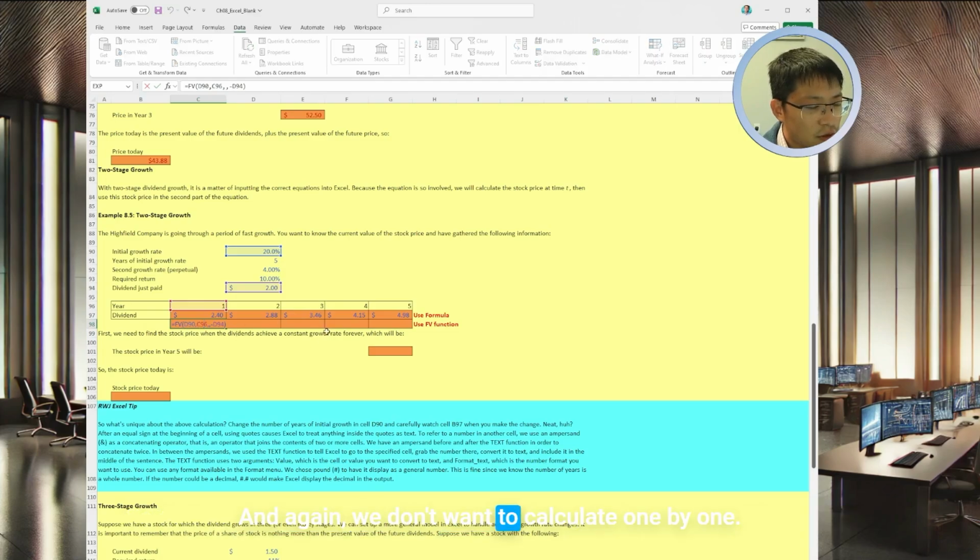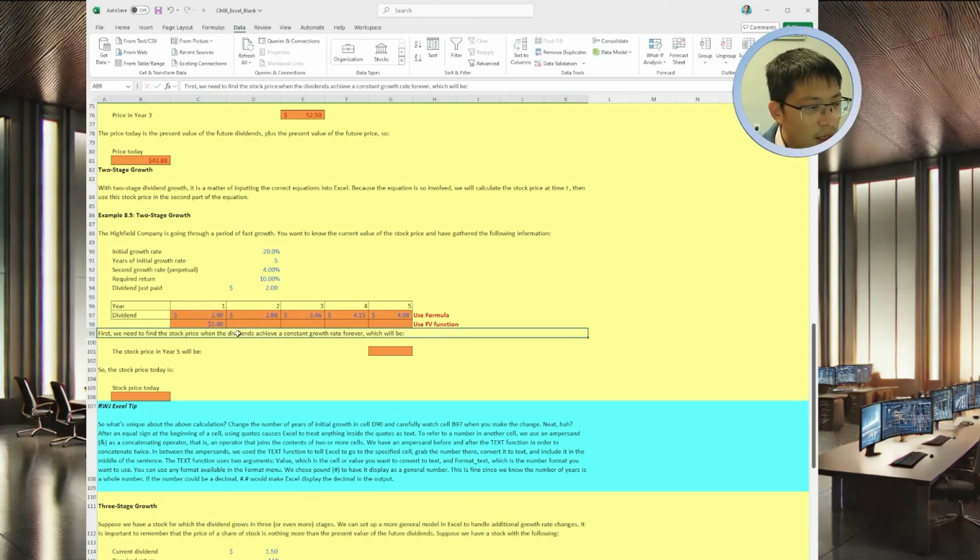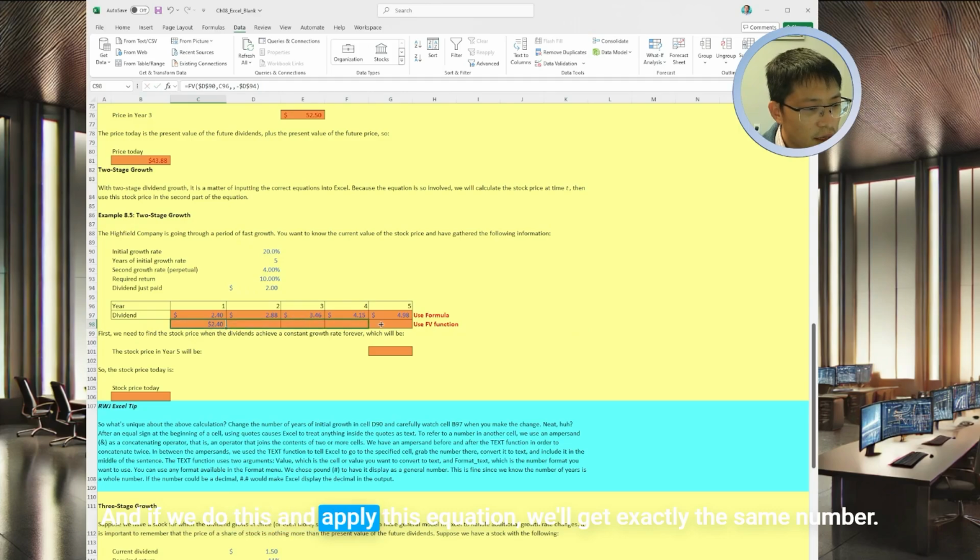Again, we don't want to calculate one by one. We want to fix the equation. The number of periods always changes, while the value is always the same, which is going to be $2. This equation gets exactly the same result, right? So they're doing the same thing.